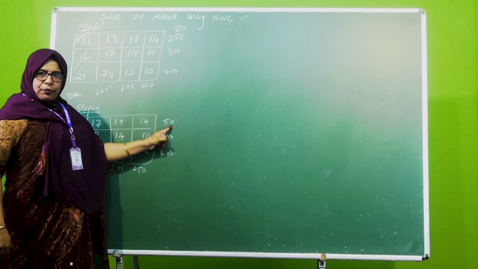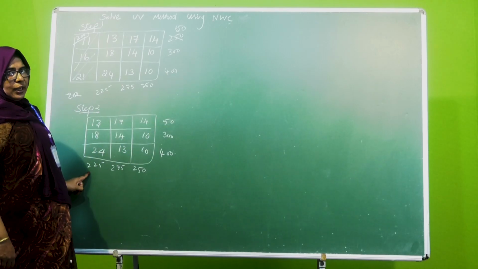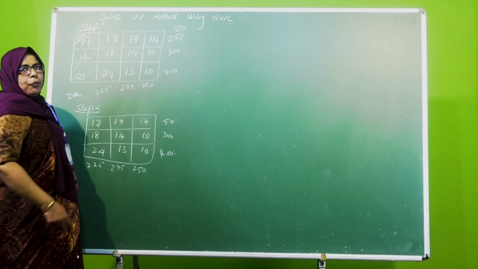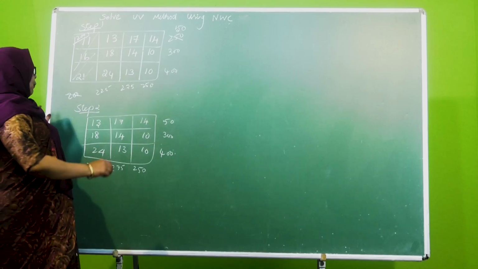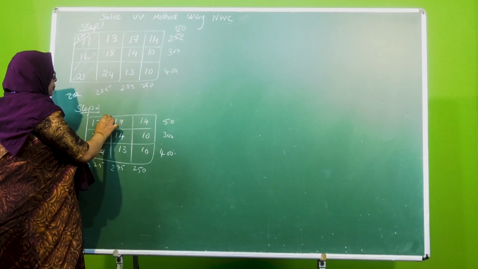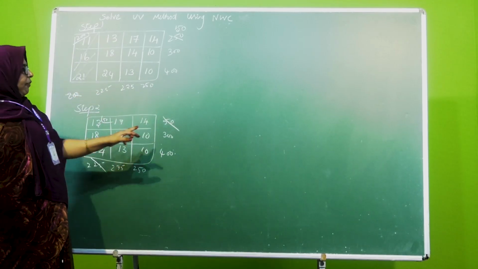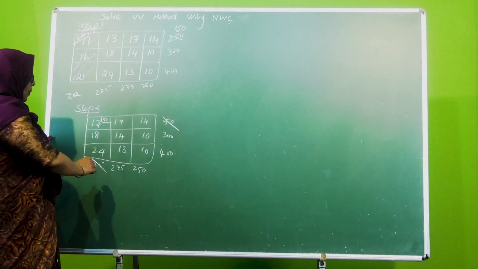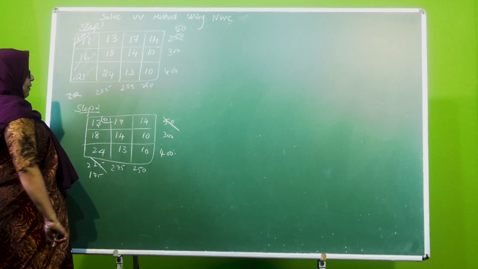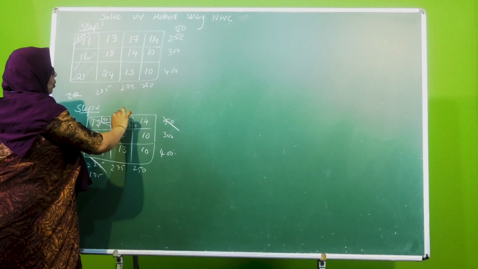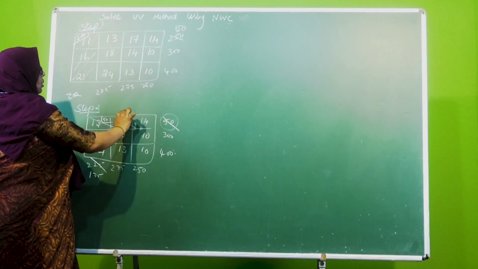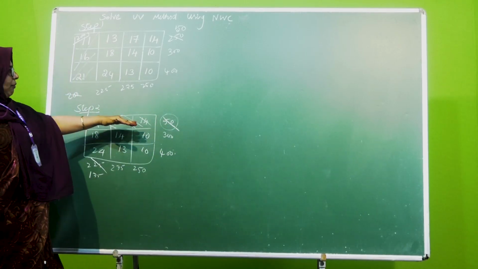The row element is 50 and the column element is 225. The minimum is 50. Subtract 225 minus 50, that is 175. The 50 is vanished, so the first row is vanished.